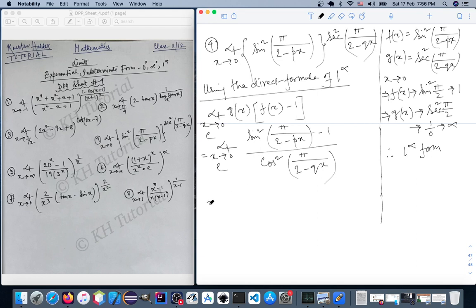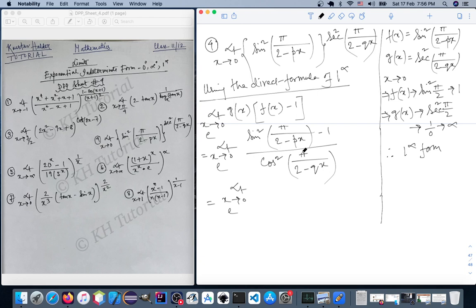This becomes e to the power limit x tends to 0. From the numerator we have sine square of this minus 1.